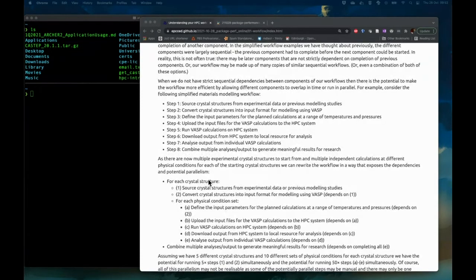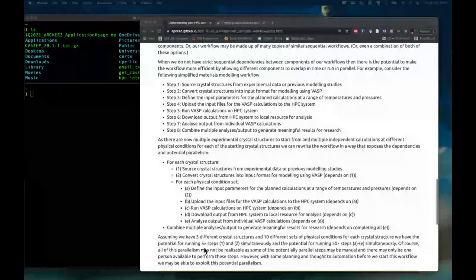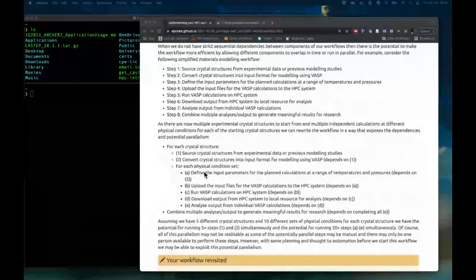For each crystal structure, and there might be different calculations we need to do for each, we source the crystal structures, we convert them into inputs, and then for each physical condition, say we're looking at different pressures or different temperatures for the crystal, or different combinations of temperature and pressure, we need to define the input parameters, upload, run, download, analyze, and then combine those multiple analyses or outputs to generate the meaningful results from the research. So now this shows some sort of dependency.